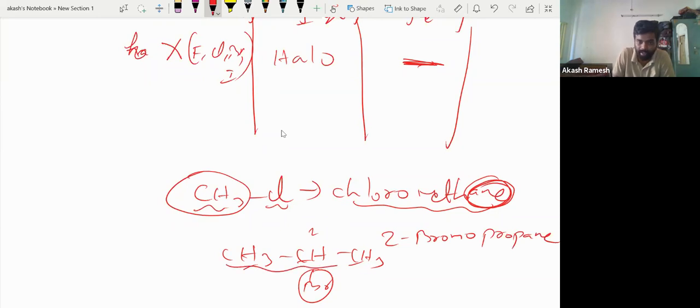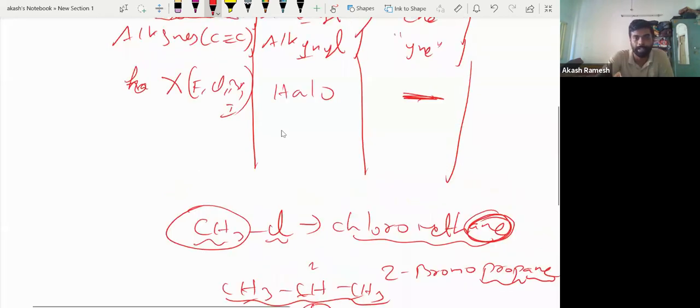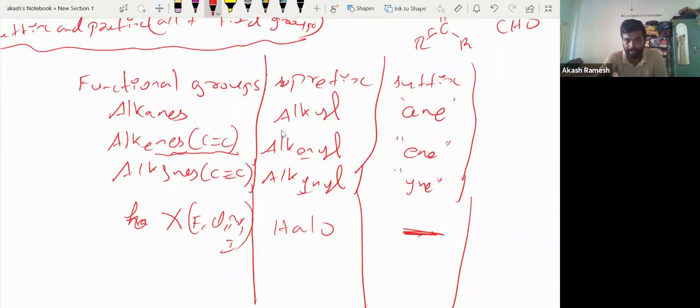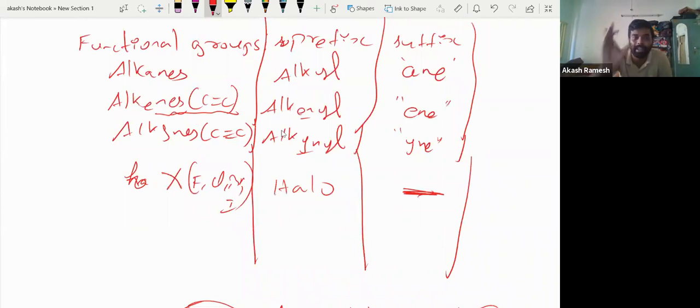The root word is prop, and since it is an alkane, it has to end with ane. So remember this alone: for halogens, there is no suffix, only prefixes are there. If at all I have only halogens, you have to use them as branches only, that is prefix only.